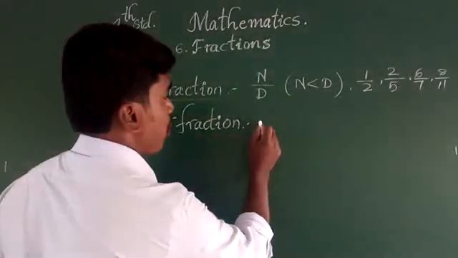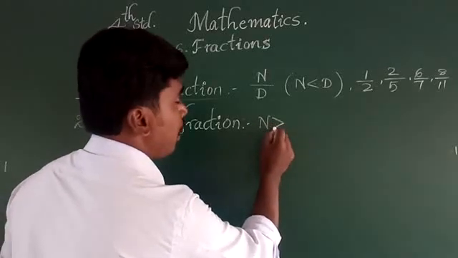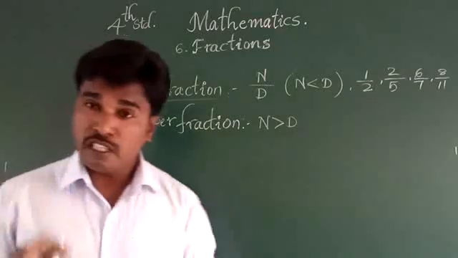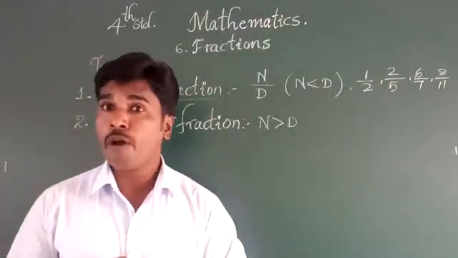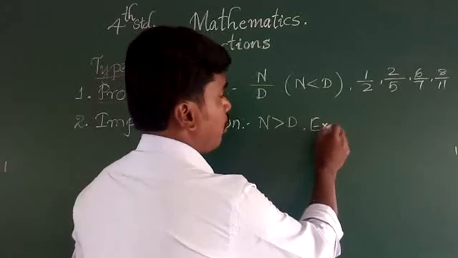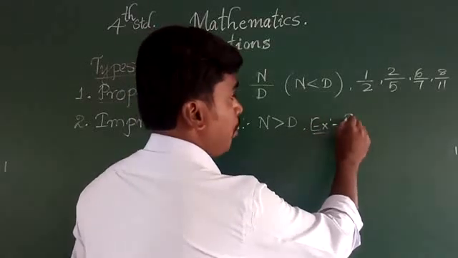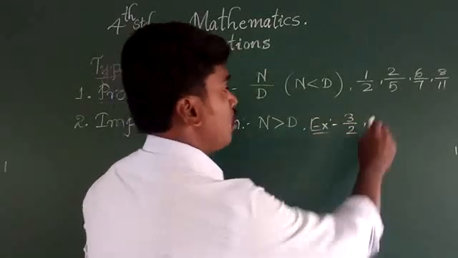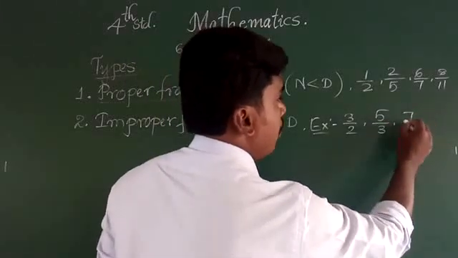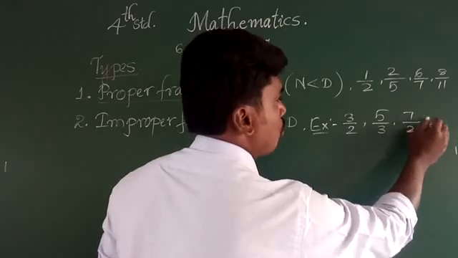In improper fractions, numerator is greater than denominator. Those types of fractions are called improper fractions. For example, here I am just giving examples: 3 by 2, 5 by 3, 7 by 2.